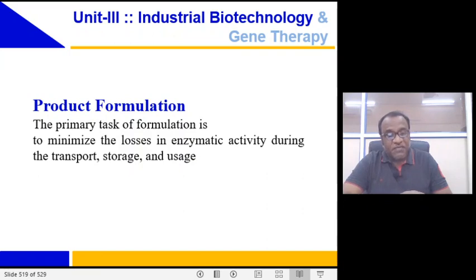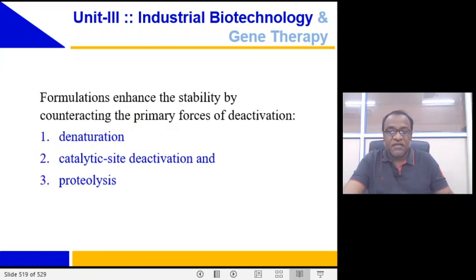And there are chemical stabilizers which are available to protect the thermolabile enzymes, that means thermally and chemically, to a greater extent. However, it is preferred to select the enzymes that are structurally more stable or resistant to oxidation during screening itself. Right. And formulation enhances the stability against several counteracting primary forces.